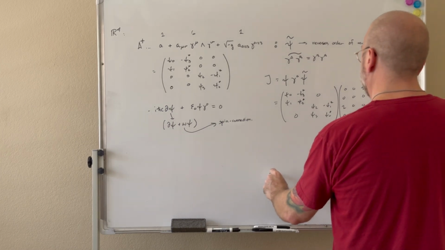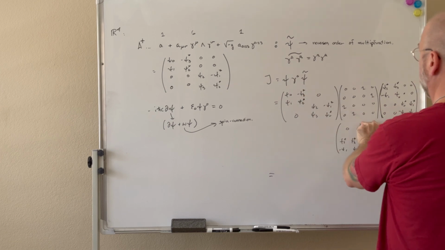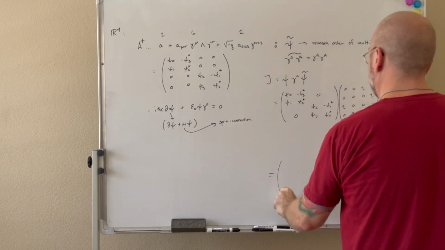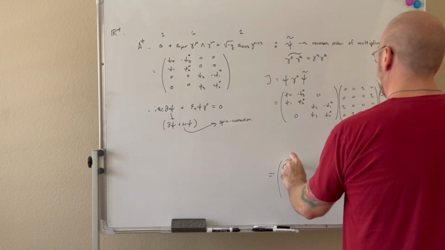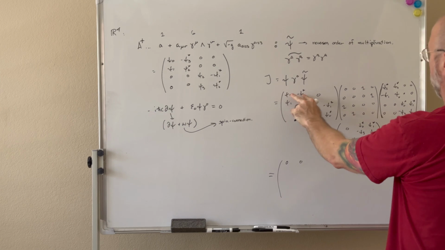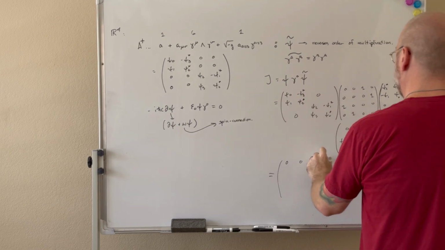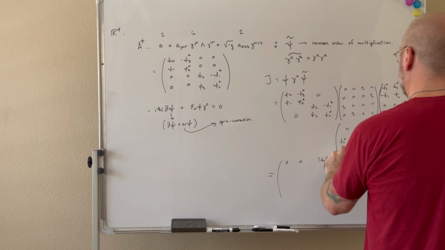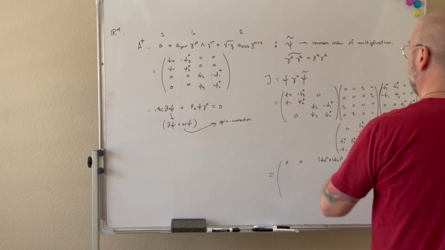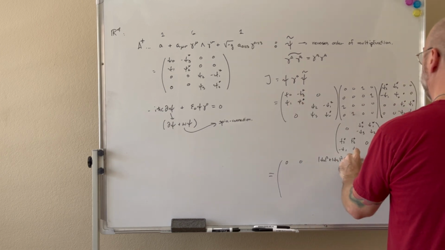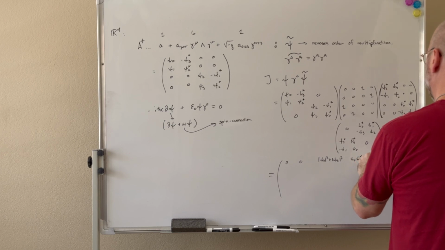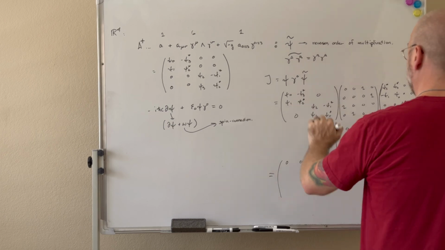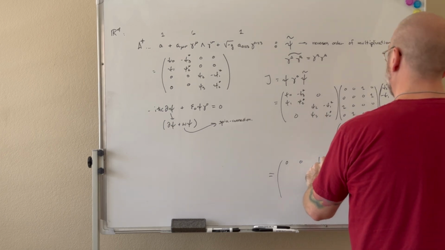What does that look like? What is this times this? Oh boy. Doing standard matrix multiplication, we get the length of psi 0 squared plus the length of psi 3 squared. Psi 1 star minus psi 3 star. Right. Isn't this fun?